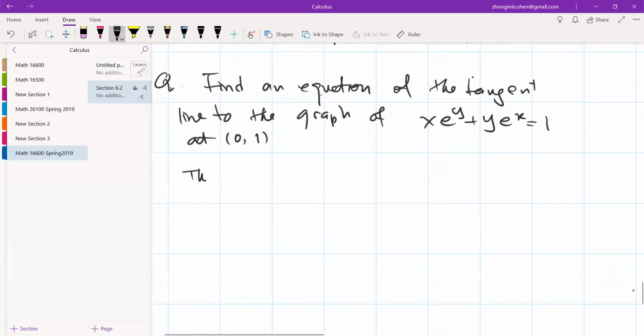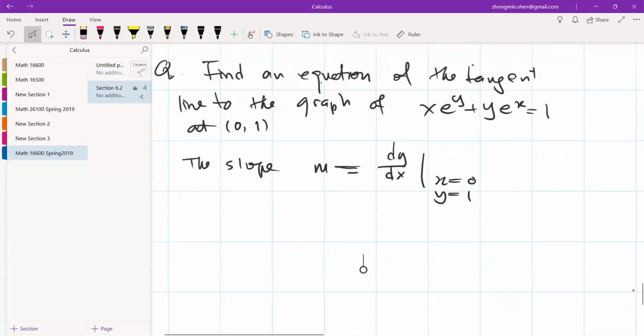The slope of the tangent line is going to be dy/dx when x equals 0, y equals 1. I'm not able to solve for y in terms of x, so you have to use the implicit differentiation method to find the derivative.